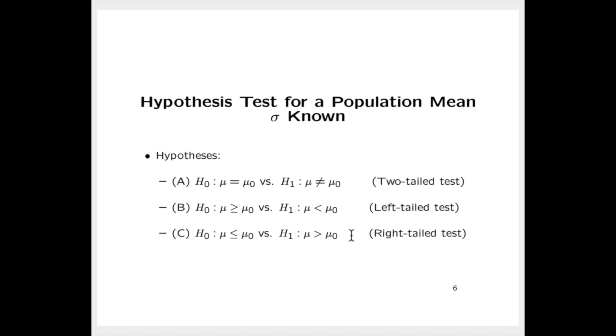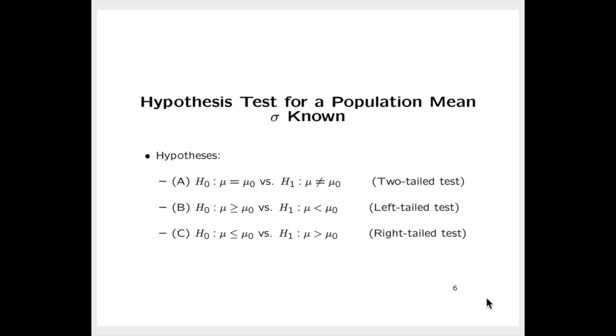And in the alternative hypothesis for hypothesis C, the inequality points to the right, and that's one way to remember the difference between a left and a right-tailed test. And for hypothesis test A, in the alternative, we're looking for values of mu that are either less than or greater than mu naught, so that's why it's a two-tailed test.